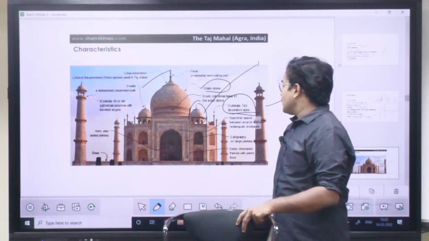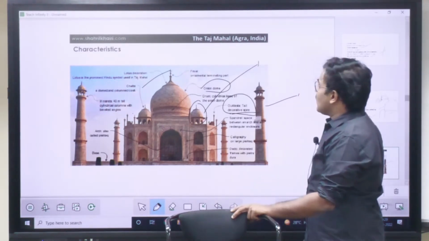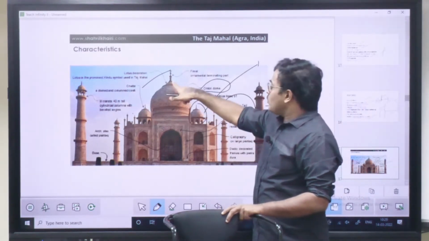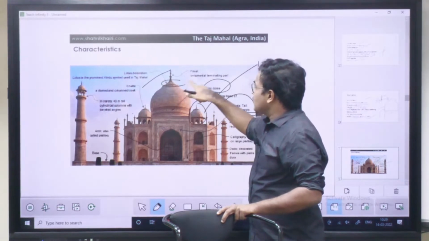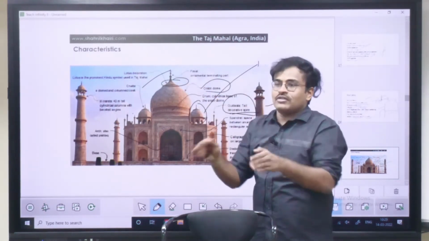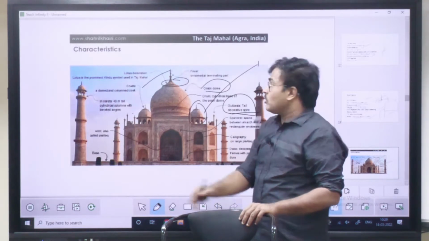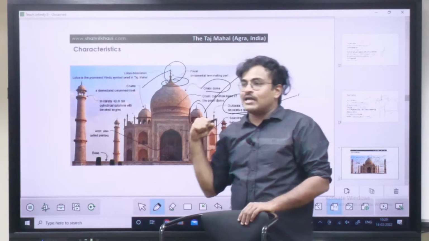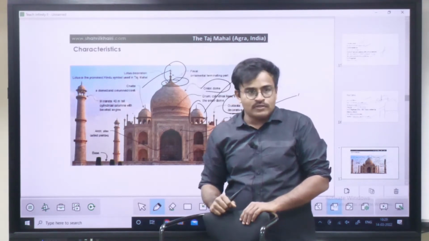Then the other prominent architectural feature here is on top of the dome. Usually you don't find this kind of thing, but this is a Hindu influence on the Taj Mahal. That is a reverse lotus structure placed on top. Isn't this structure similar to the Amalak and Kalash on Hindu temples? Yes or no?